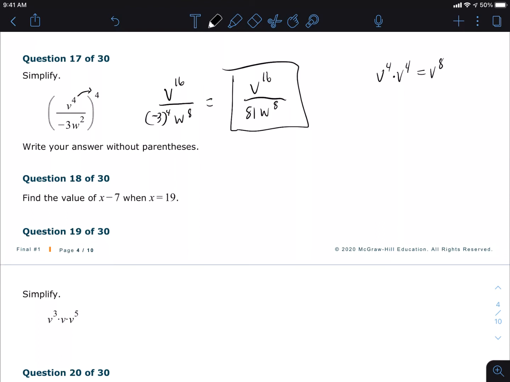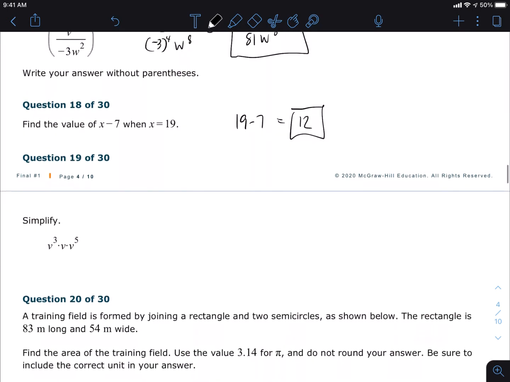Find the value of x minus 7, if x is 19. So I'm going to go 19 minus 7. That tells me my answer is 12. Okay? All right. 19 tells us that we need to multiply these like bases. So what should we get?